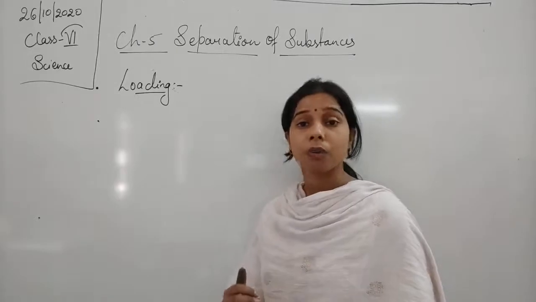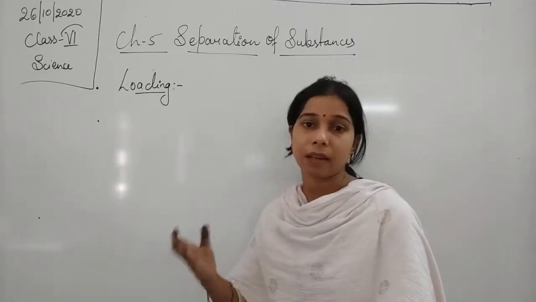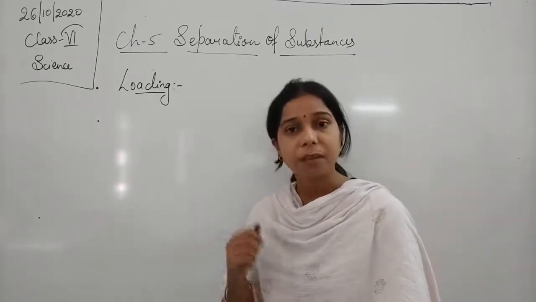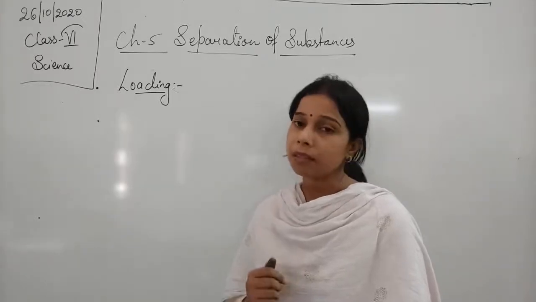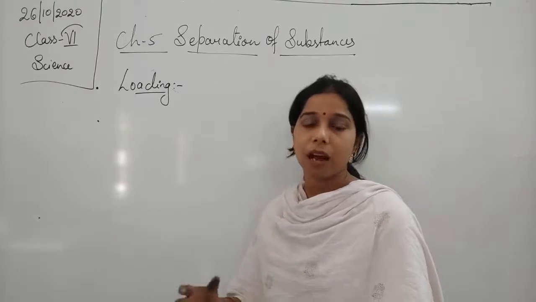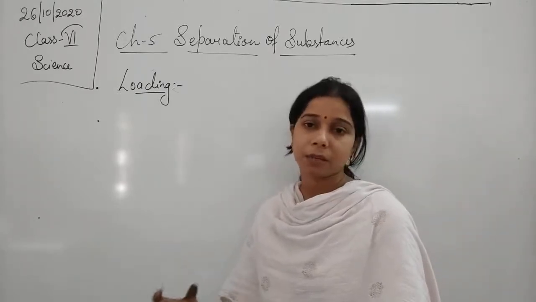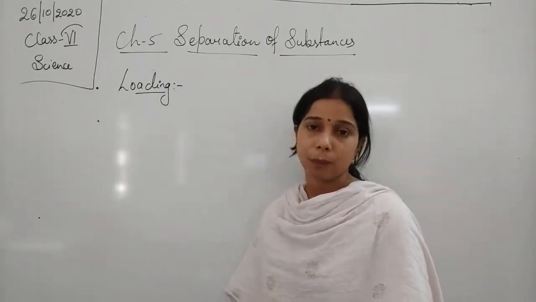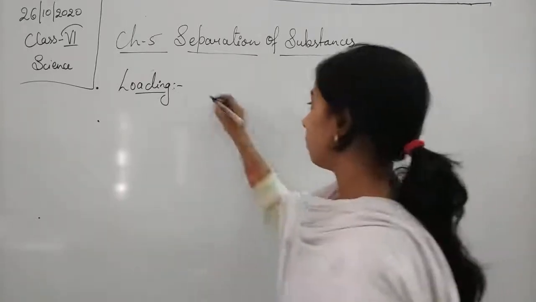Now, how can we make the suspended particles heavier, students? By adding something. And what is it that we add to the water which makes the suspended particles heavy and settle down? That is alum.